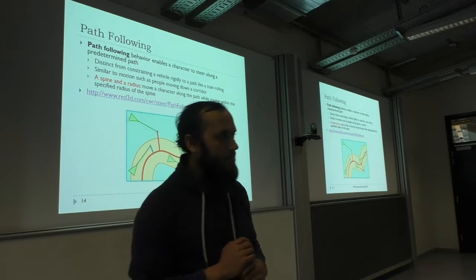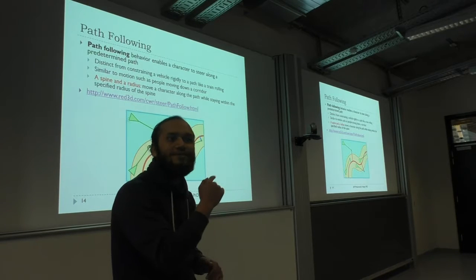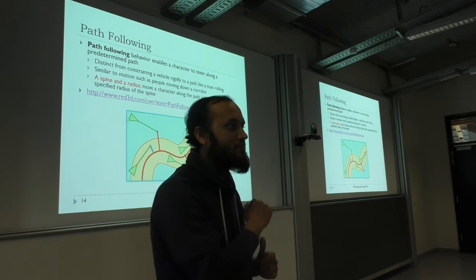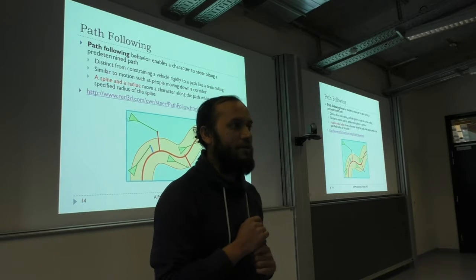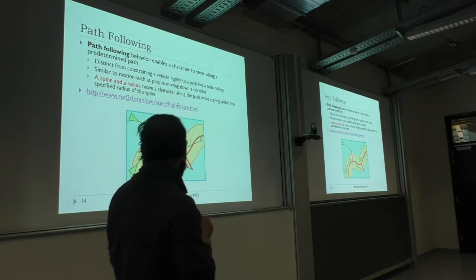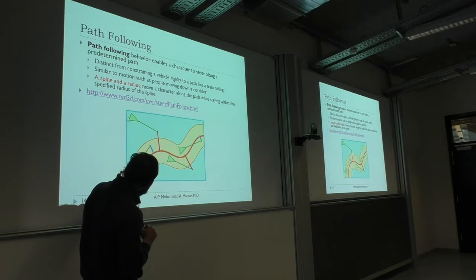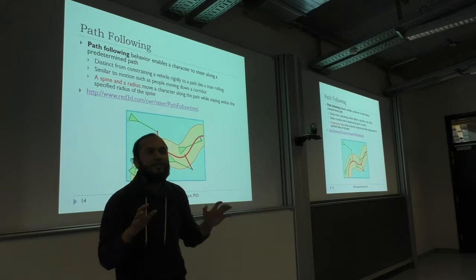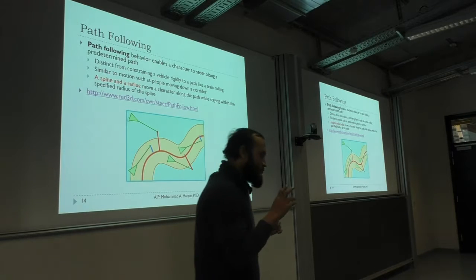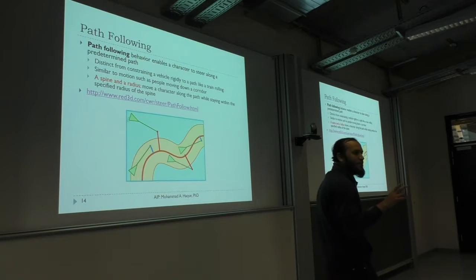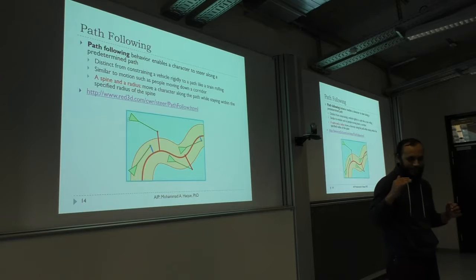Then path following. If you remember the example of the car we saw in the video, that was following the path. You can define a path, and then you can put your vehicle here which can follow that path. But then the question comes: will it follow the path so that it looks like a rail following the line, like a train line and the way a train goes?